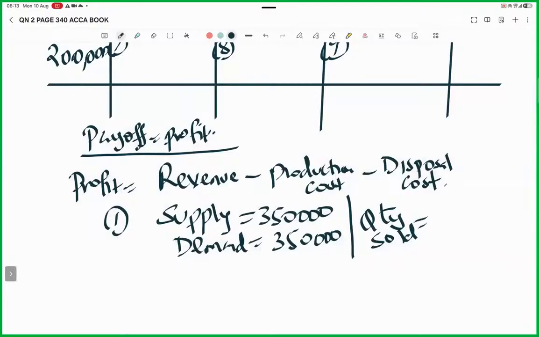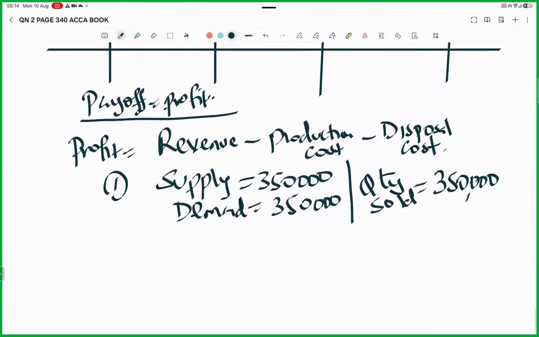So the quantity sold in this case is the lower. It's a perfect match, so we sell 350,000. Could you kindly give me the profit here? We have sold 350,000 and the price per bag is 9.